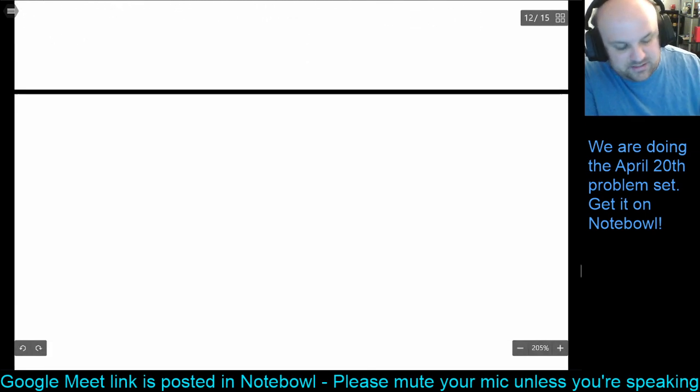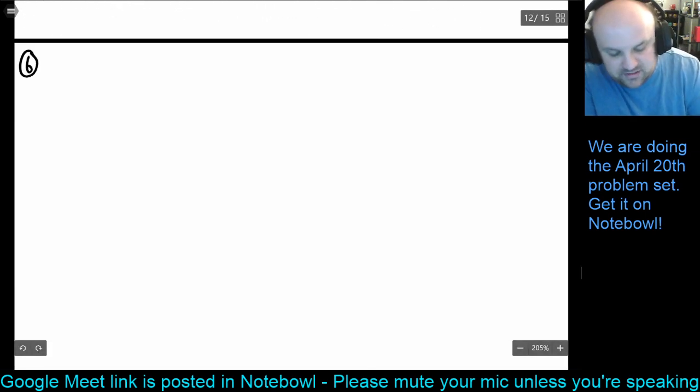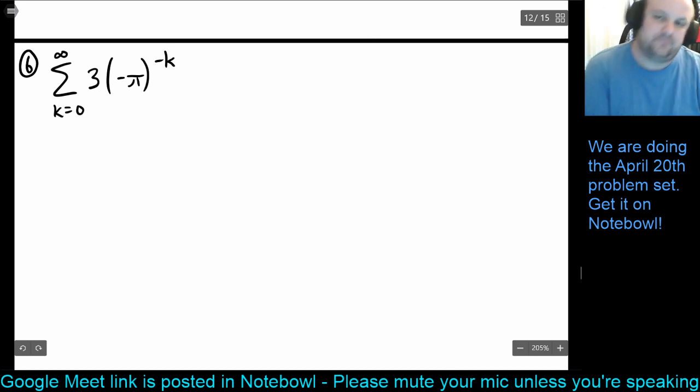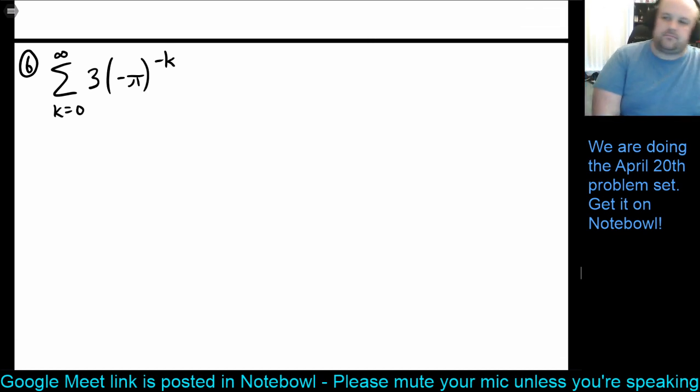So let's look at the next problem. 6. Here I have the sum from k equals 0 to infinity of 3 times -pi to the -k. So that looks really close to a geometric series. But is it one? And if so, how do I make it one?